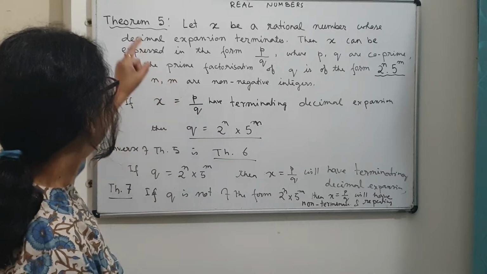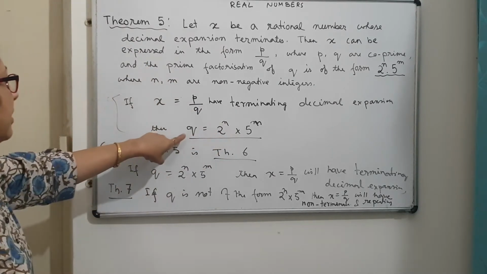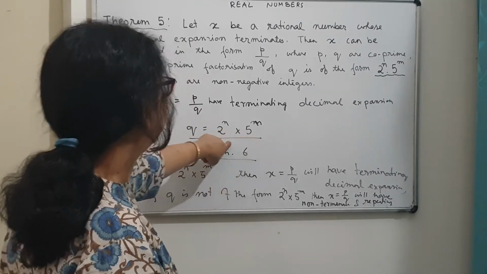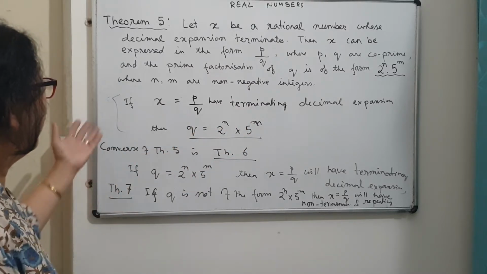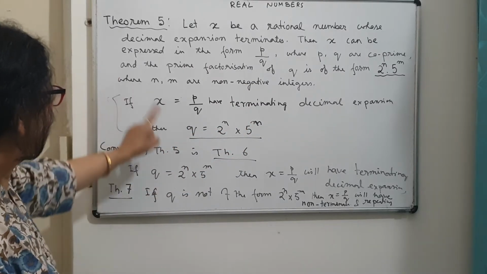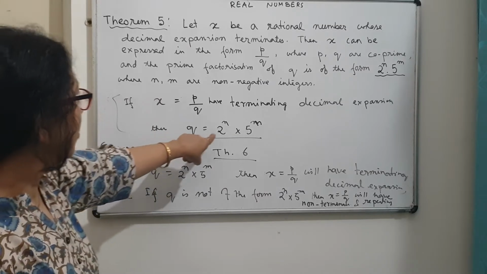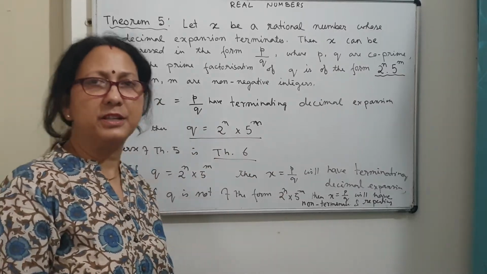The main thing is that if any rational number has a terminating decimal, its denominator has this kind of prime factorization. The converse of this is the other theorem, and the last theorem is that if the denominator is not of this form, then it will have a non-terminating but repeating decimal expansion.